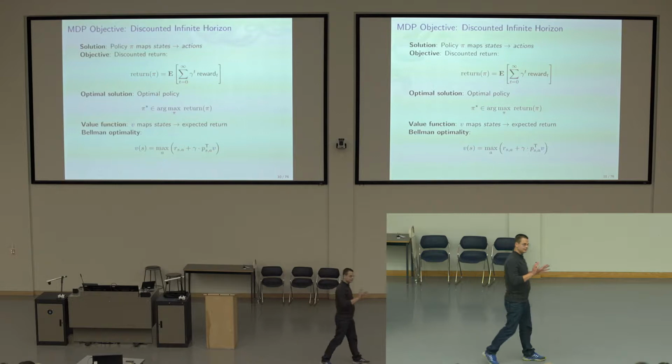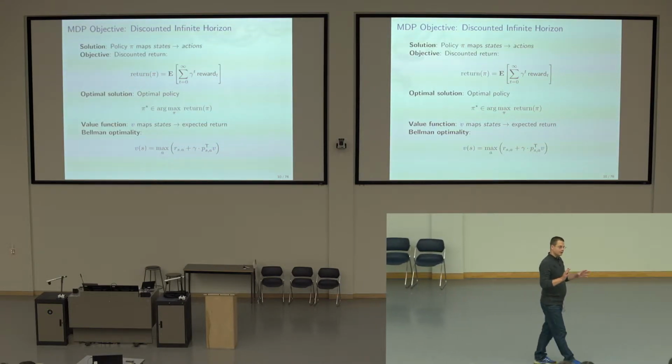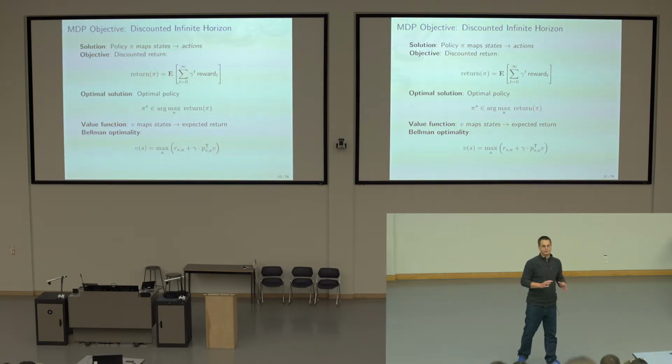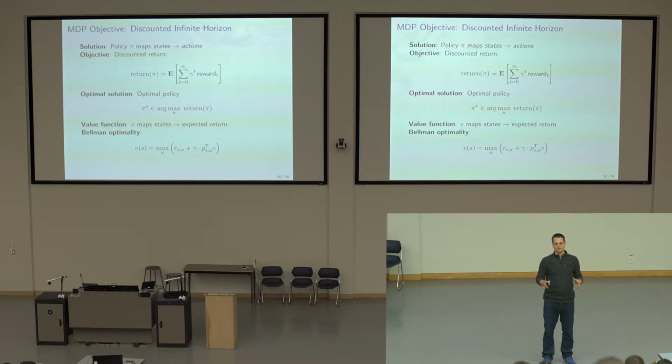Now let me get a sense. How would you solve an MDP? What are some methods you could use to solve an MDP, if you have the model? Right now we are working with an MDP, we have a model. How do you solve an MDP? Yeah, so what are some dynamic programming methods?